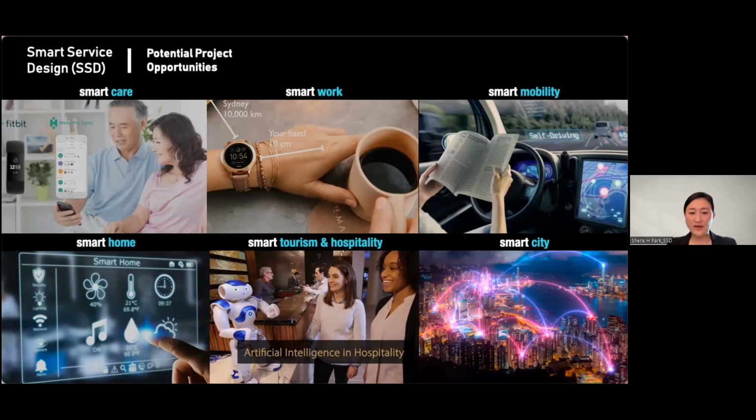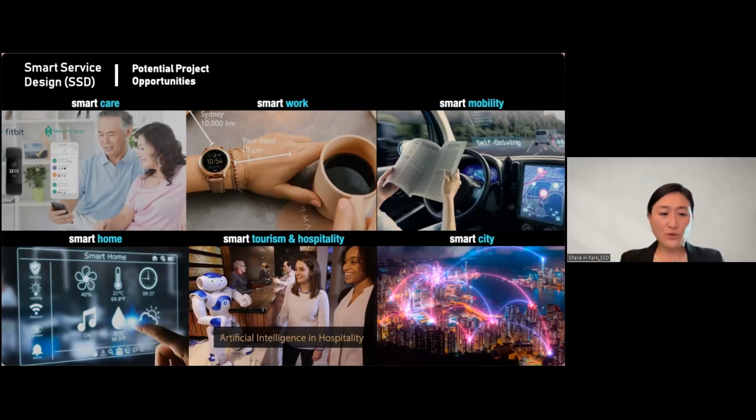Or how smart devices or platforms can better care for us, or what if we need digital concierges at home or certain places, what new services can be developed? What if robots or AI are applied in our everyday living conditions? All these kinds of questions, we can reimagine as new service scenarios during our programs.